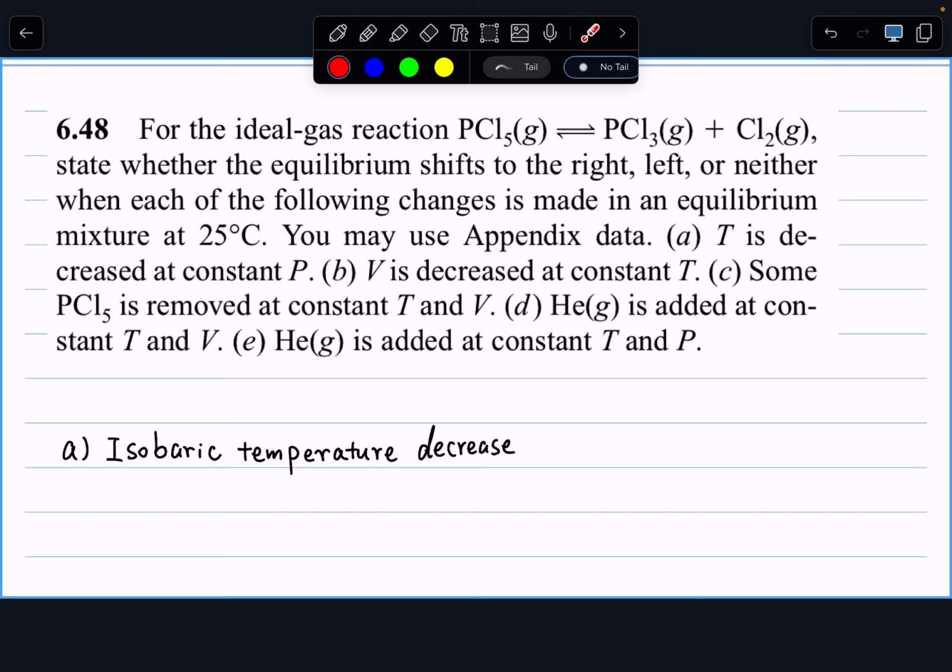So for this one, it's basically thinking about how my reaction quotient changes with respect to my equilibrium constant. So let me write down what we know about the equilibrium constant and the reaction quotient, and then we'll start from there. So what do we know?